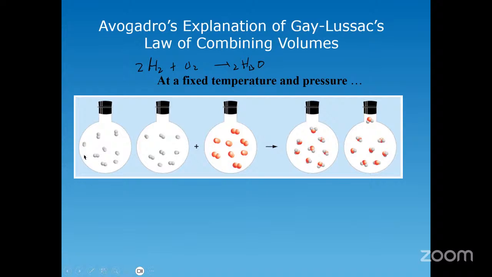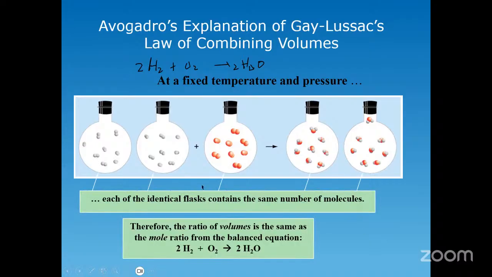So 2 volume units of hydrogen will react with 1 volume unit of oxygen to form 2 volume units of water, right? And that's because each of the identical flasks contains the same number of molecules, all right? So this is basically what will happen in this particular gas law, right? The volume ratios would be the same as the mole ratios, again, provided that the temperature and pressures are the same for all the gases involved.